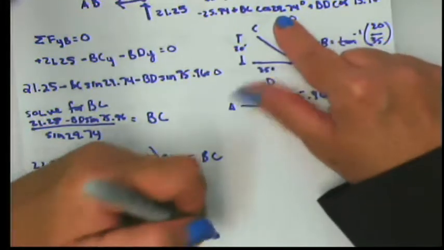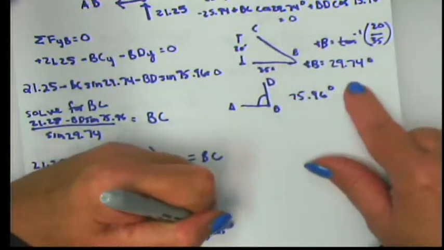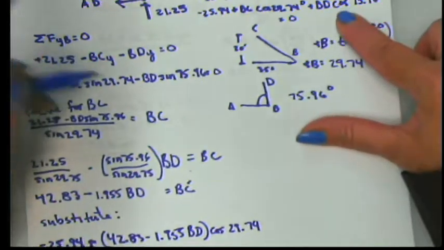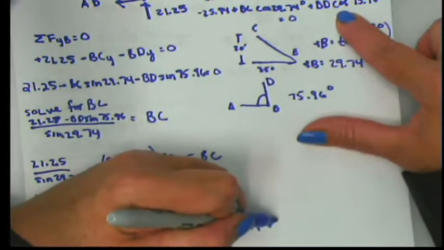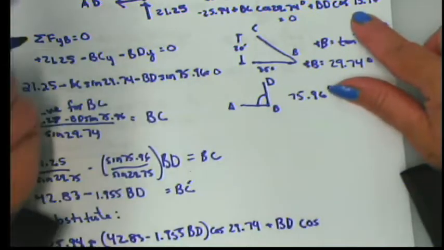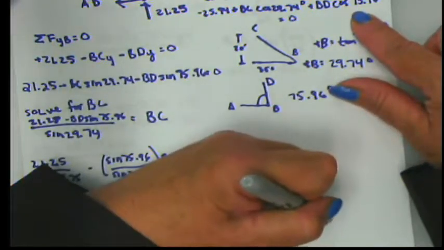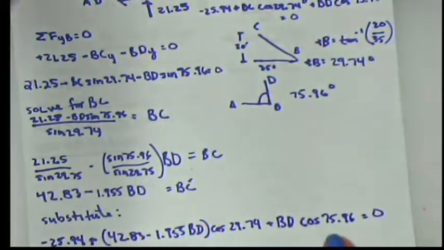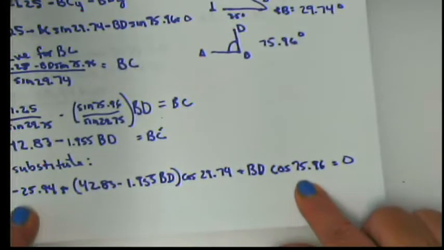That quantity times the cosine of 29.74 plus BD, we'll just simplify this before we pull that out, cosine of 75.96 equals 0.